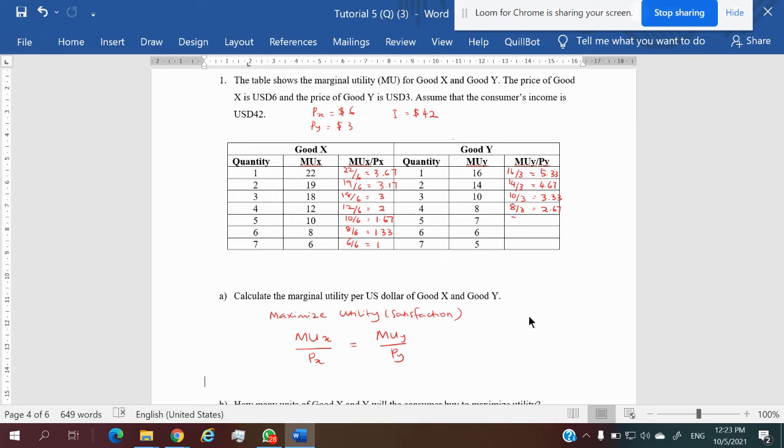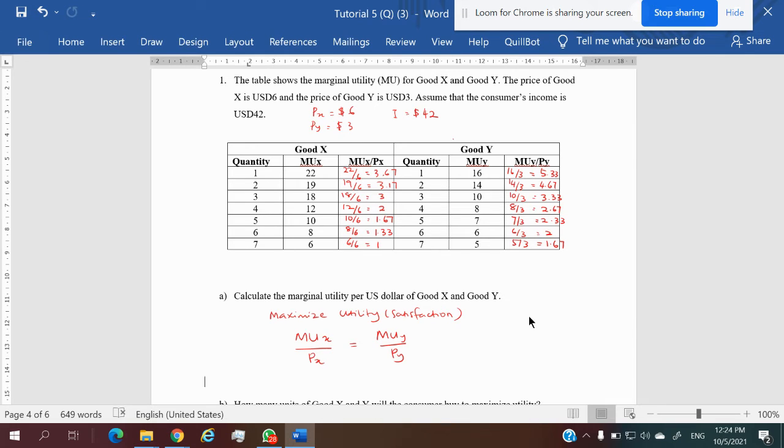Then we have 7 here, divided by 3 is 2.33. Then 6 over 3 is 2. And 5 over 3 is 1.67. Okay, class, so we already complete this table.